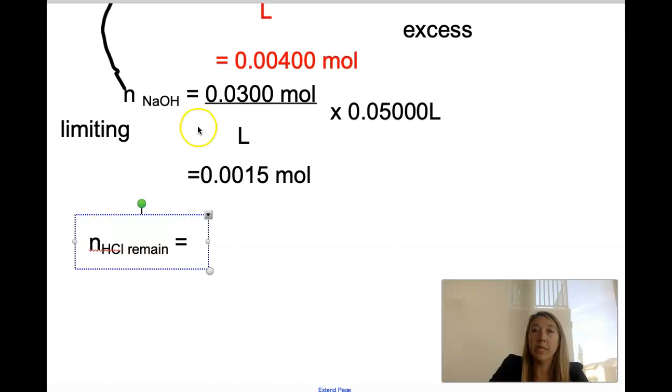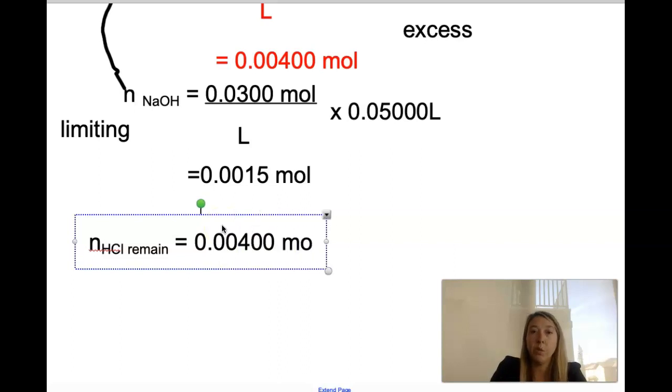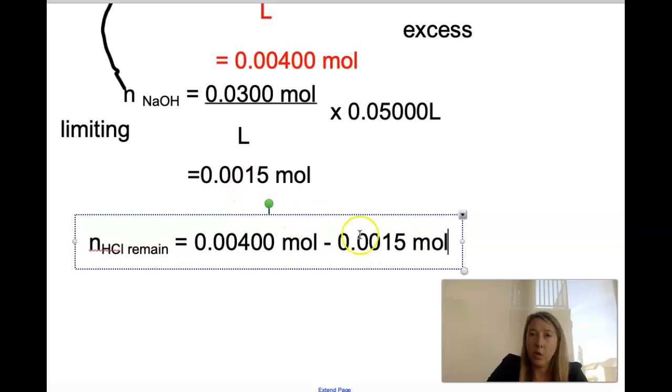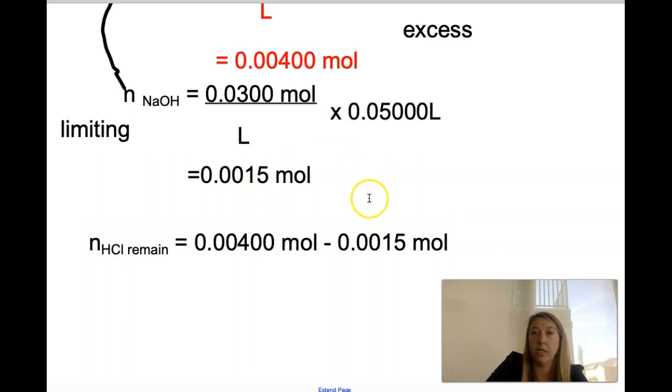Okay, we're going to determine that by just getting the difference between these. So we're going to take the 0.00400 moles, and we are going to subtract the 0.0015 mole. Okay, and note, I wrote it as 0.0015, but it does technically have an extra zero in there for significant digits.